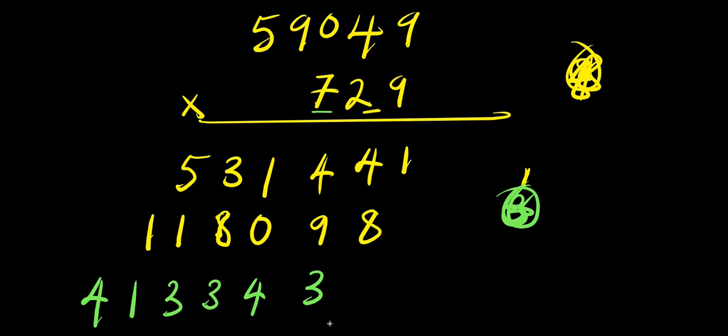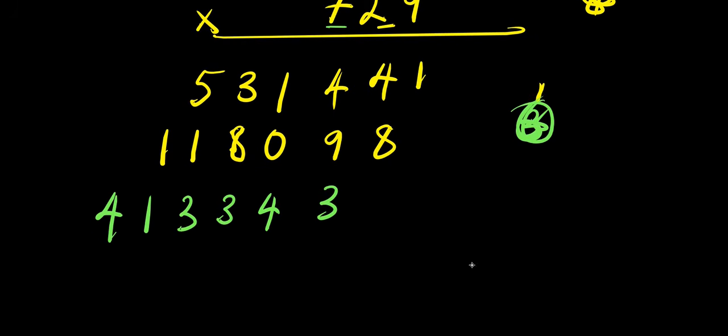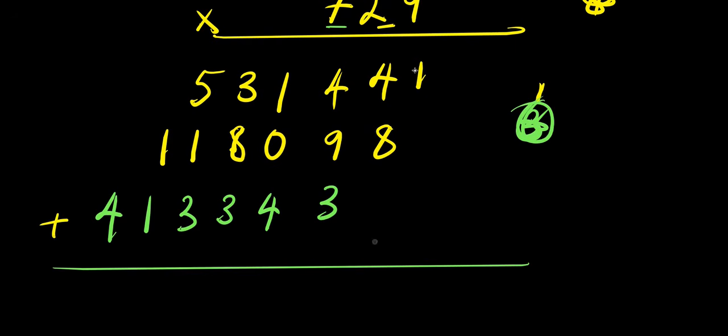So we are going to add up everything together. So let's add everything up. This is 1. This is 12. 2 carry over 1 add here. 5 plus 3, 8 plus 9, that is 17. 7 carry over 1 add here. 2 plus 4, 6.